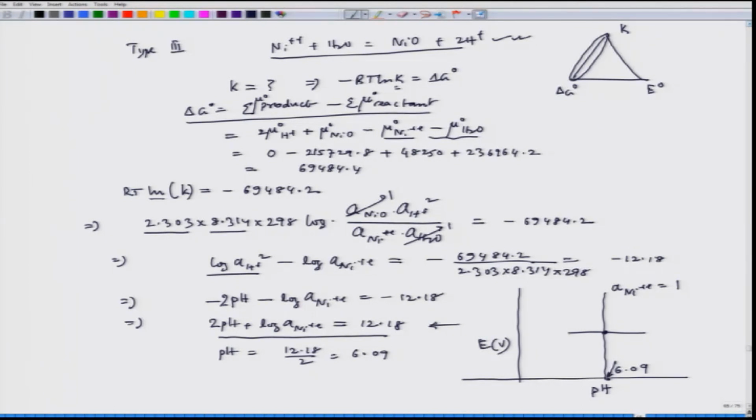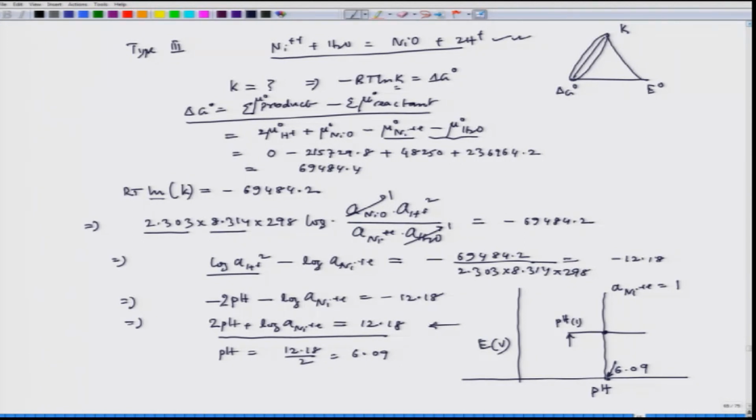Now, if I go to pH 1, the concentration of H plus ion is definitely more than the value when the pH is 6.09, because if we have a decrease in pH value, the activity of H plus ion increases, or the concentration of H plus ion increases.